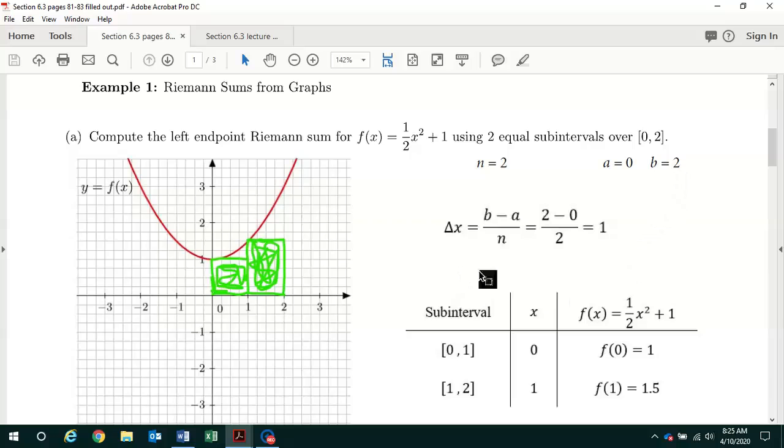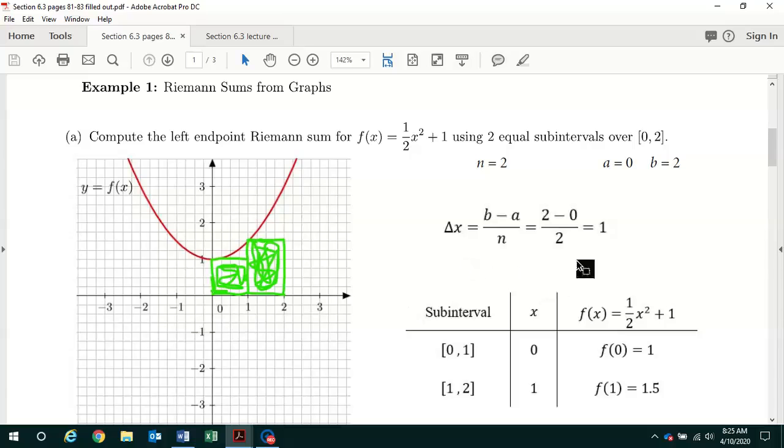So to calculate the width of each rectangle, delta x is equal to b minus a over n. b is 2, a is 0, n is 2. And so we get the width of each rectangle, delta x, is equal to 1 unit. That helps us to determine where the base of each rectangle is.